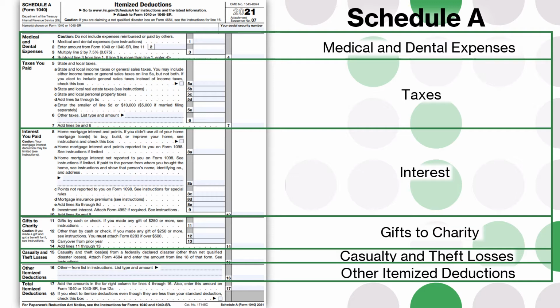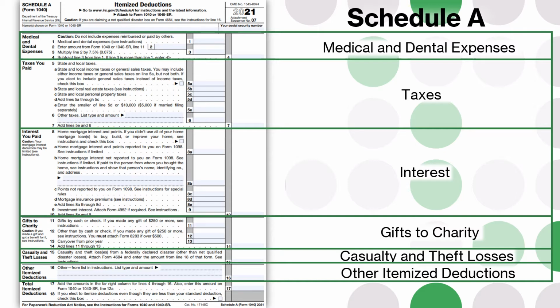Itemized deductions get reported on Schedule A, and you've probably seen Schedule A in some of the practice returns we've been doing. TaxSlayer has automatically been populating that form, even if our taxpayers weren't going to take this itemized deduction.